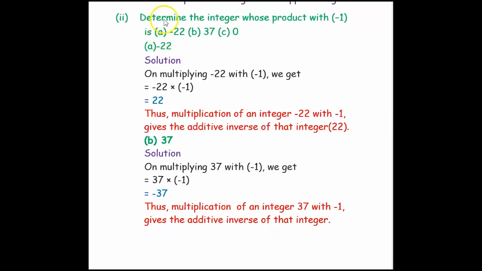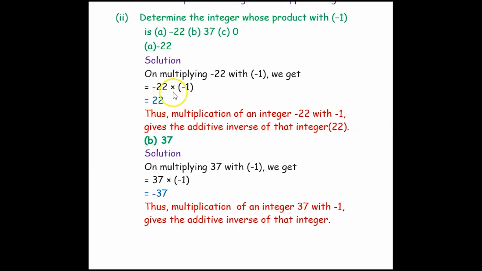Next question is, determine the integer whose product with -1 is asked. So we are multiplying the given numbers with -1 and we want to find the product. First number is -22. On multiplying -22 with -1, we have two negative integers, an even number, so our result should be positive.